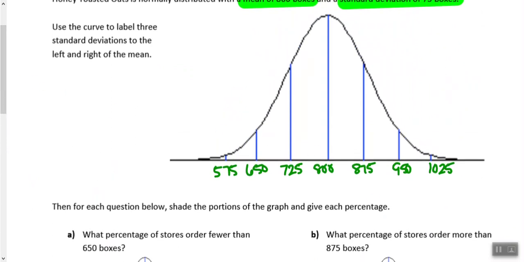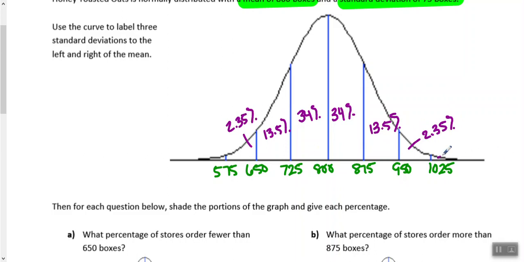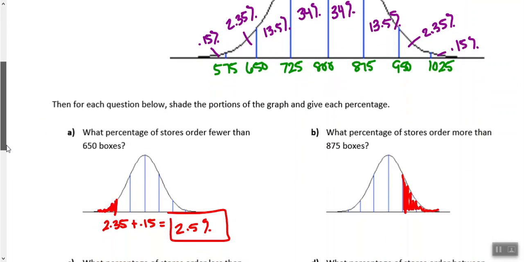Now, at the top, you can also fill in that each of these are worth 34%, and then after the 34 comes 13.5%. After 13.5 was 2.35%. And then after the 2.35 was 0.15%. So those are the numbers I used for A.